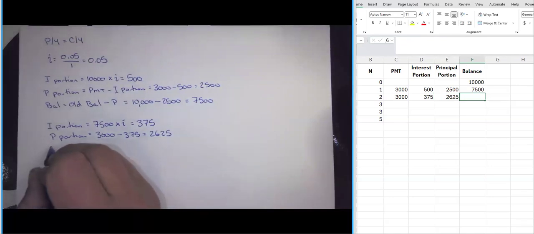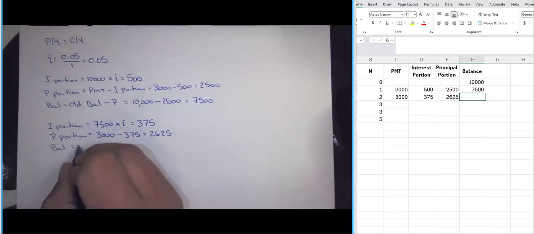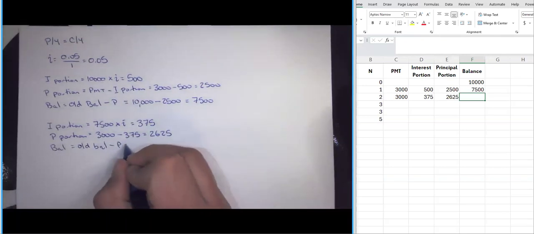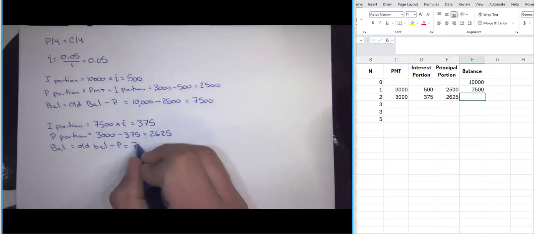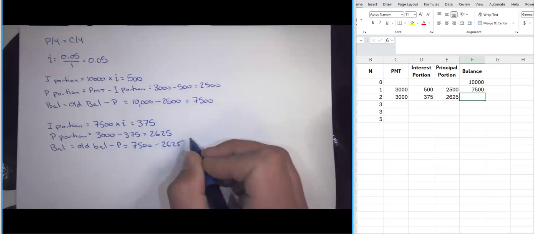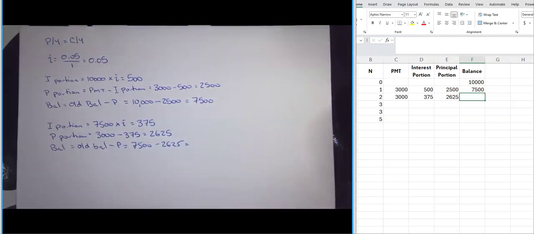And that leaves our new balance. Old balance minus the principal portion to be $7,500 minus $2,625. That's $4,875.